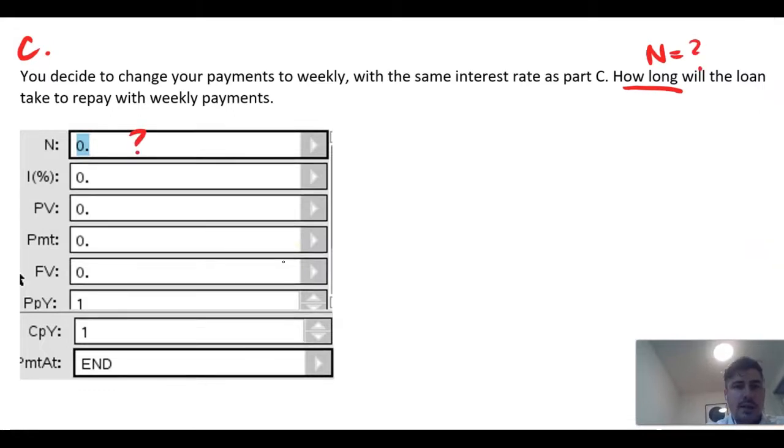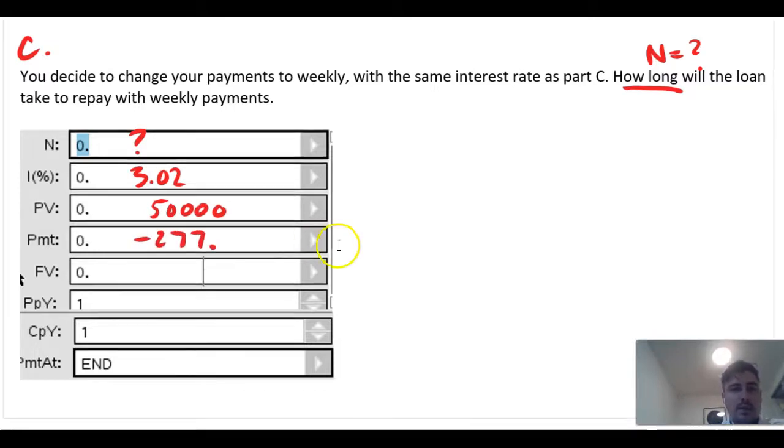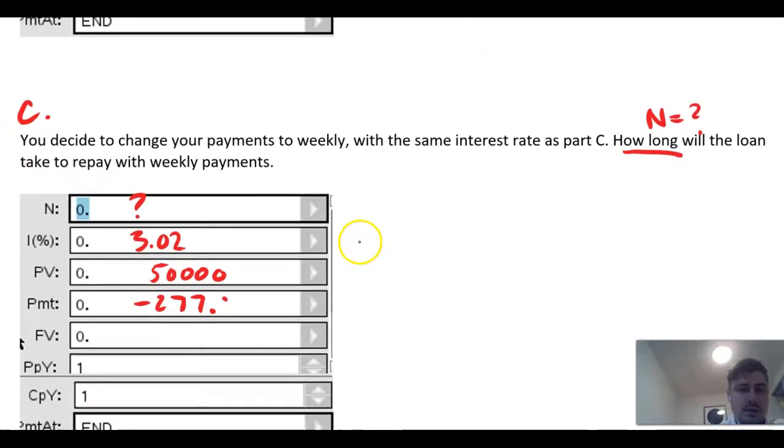I, we've said, is the same as part C, so that's 3.02. If that was a SAC, you'd get the marks regardless of what interest rate you put in here, because it's consequential marking. PV is 50,000. PMT is minus 277.92.